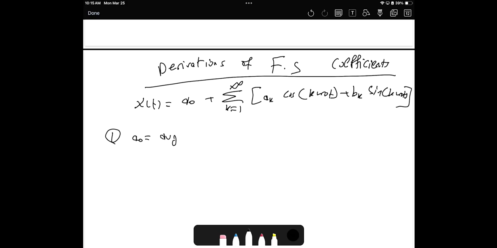So, which is, in other words, 1 over T, the integral from 0 to T, x of t dt.